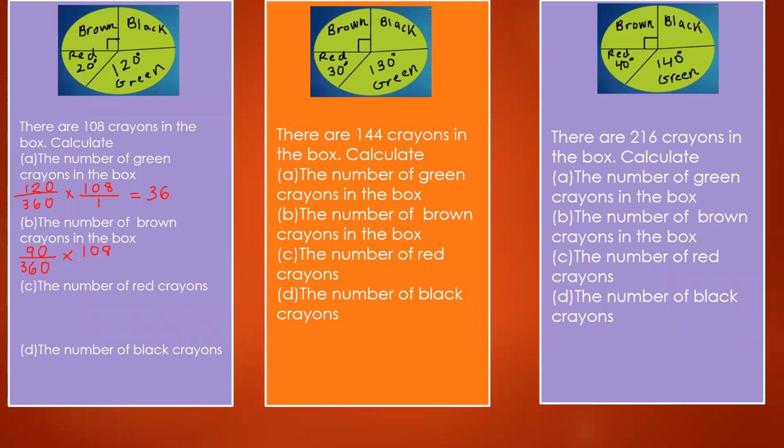Cancel out the zeros and you get 9 times 108 over 1. Sorry, 108, my bad. I think she left. What do we get, Divine, for B? Sorry, you get 972. What was the final answer?